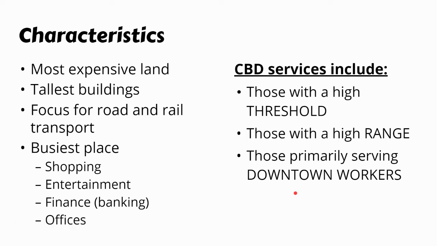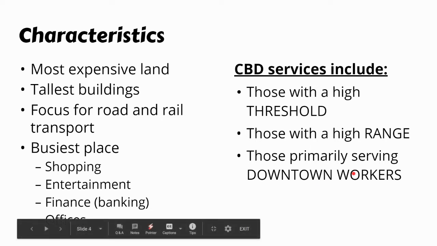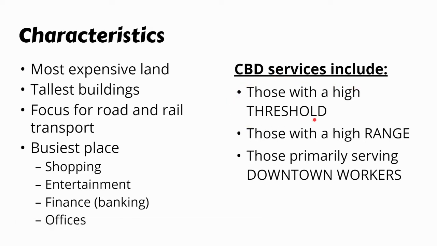Because the threshold changes on the weekends when people are not commuting into the city for work, those places tend to close down. But in general, the CBD is the area with the highest thresholds and the highest range. And so the downtown area is what draws the most people and has the most services available.